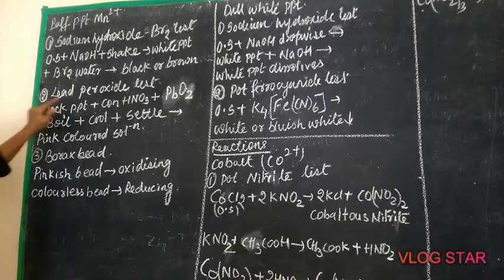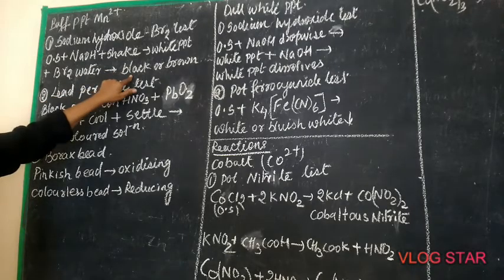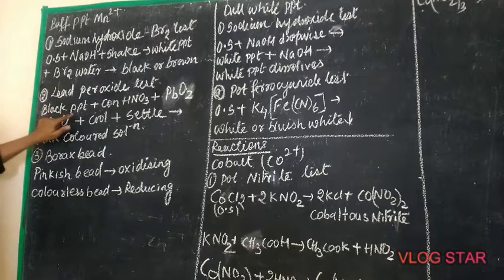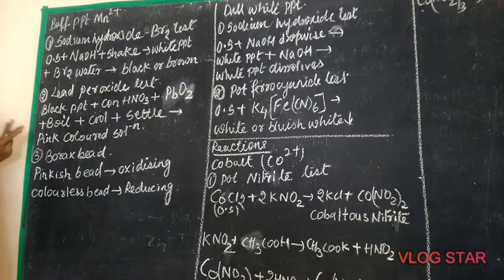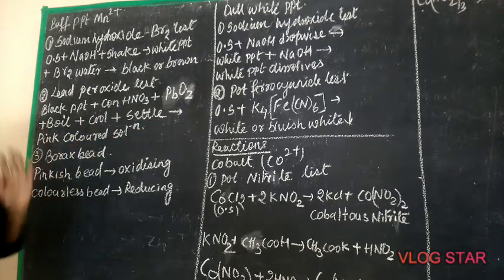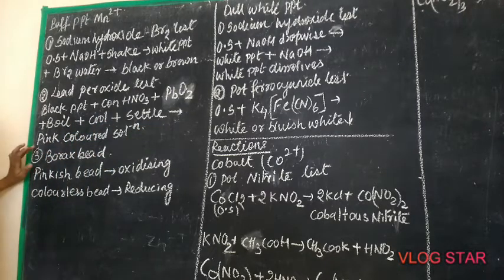Another test is lead peroxide test. Now the black precipitate obtained here, you take that precipitate, add concentrated HNO3 and lead peroxide PbO2. Boil it, cool it and let it settle down. After settling, if you get a pink colored solution, that means Mn2+ is confirmed.